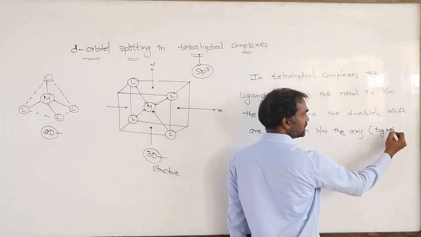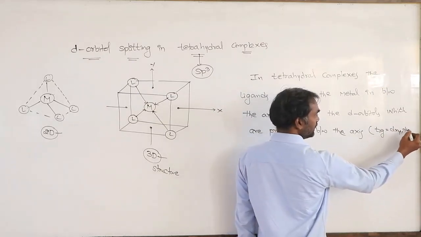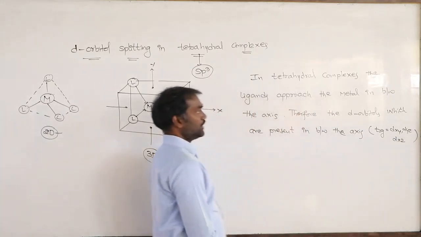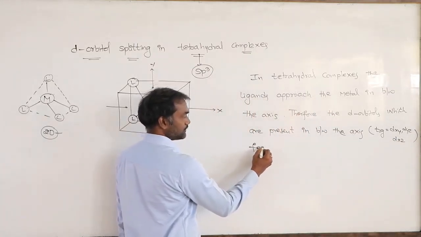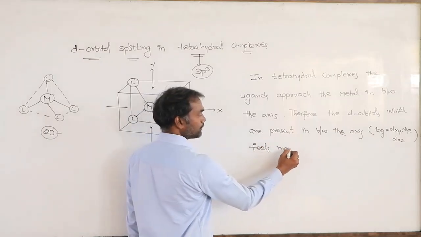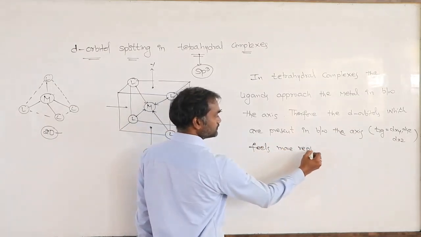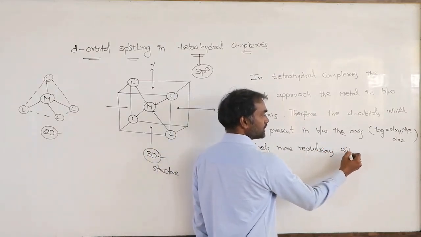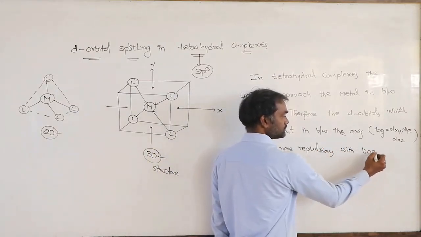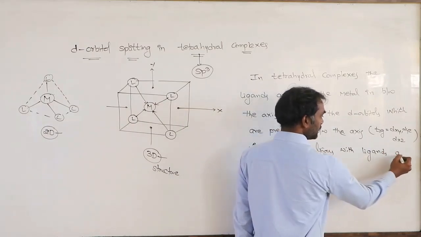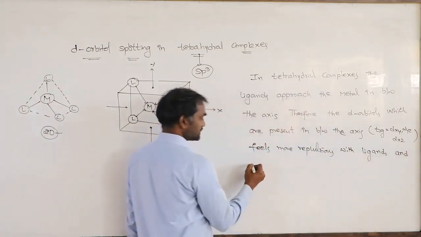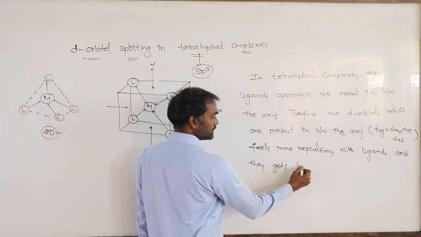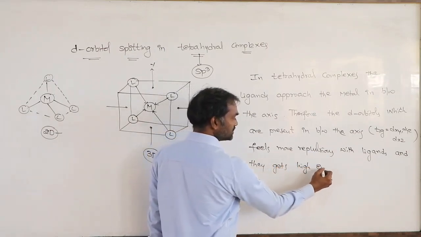What are t2g? dxy, dyz, dxz. They feel more repulsions with ligands, and they get higher energy from the degenerate level.